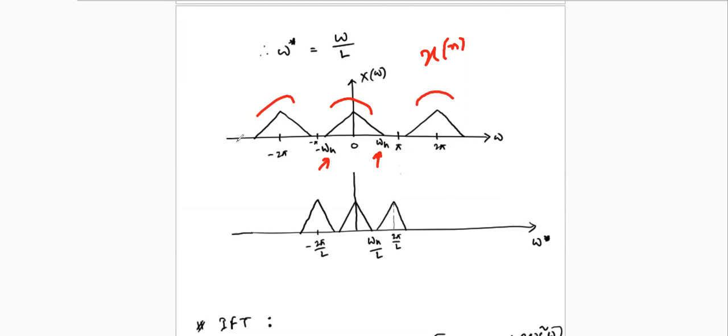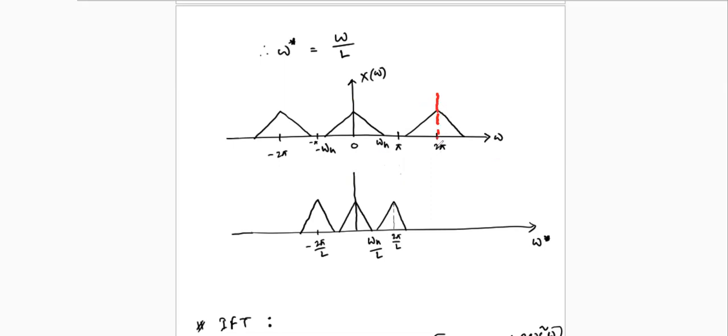Now, if you perform the upsampling, that means this is your Y(omega), which is equal to X(L omega). You'll find that all the frequency components, like omega h, are now converted to omega h divided by L. What was the frequency over here?